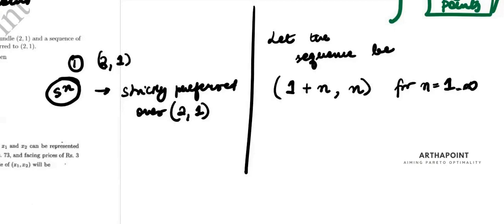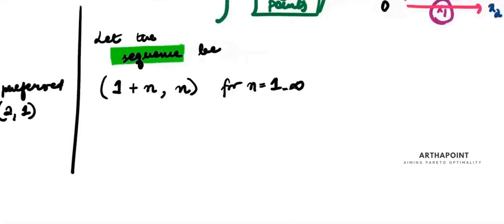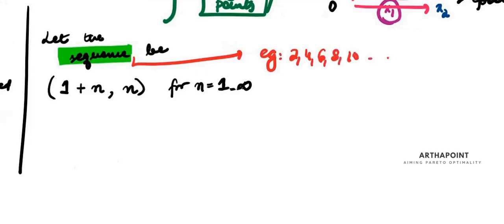This can be a sequence. A sequence usually represents a pattern. For example, 2, 4, 6, 8, 10 is a sequence. It represents a pattern that I'm adding 2 to it.